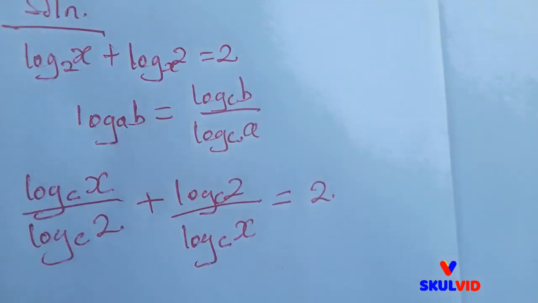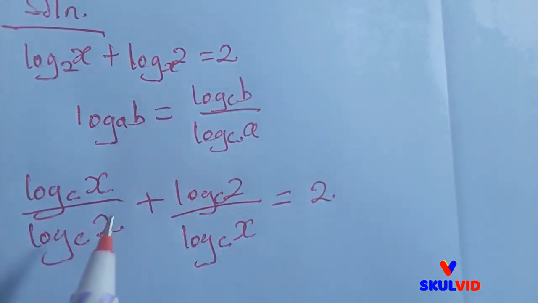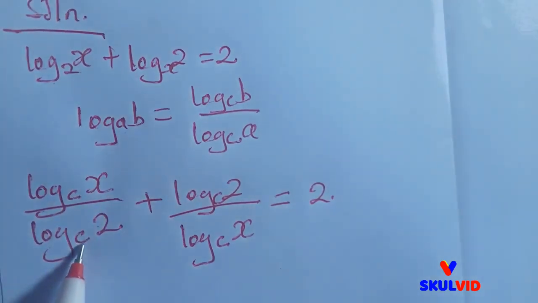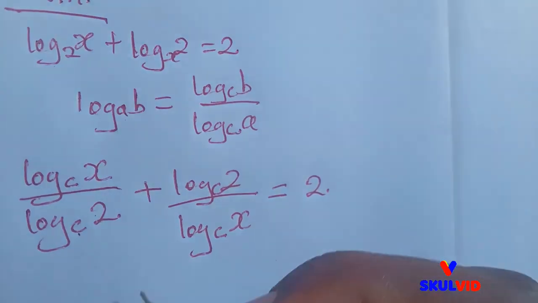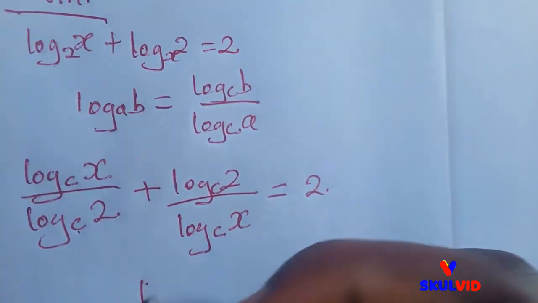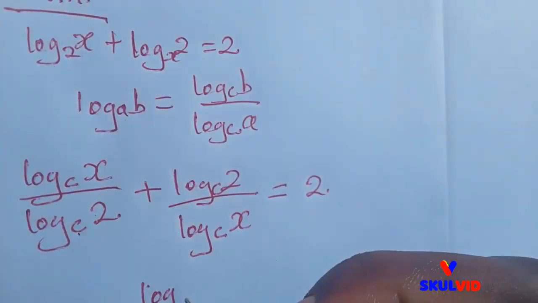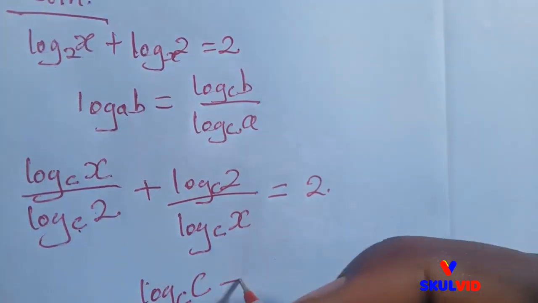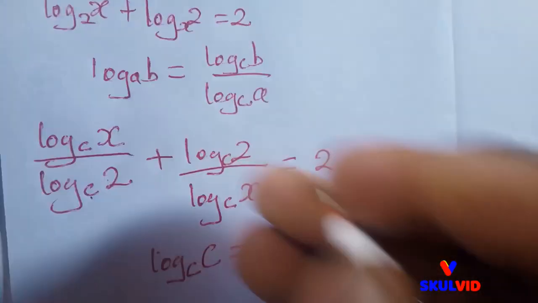So for me to get rid of this c so that I can be interested more in x, I'll choose to write my c as 2, since we know that log c to base c is equal to 1.